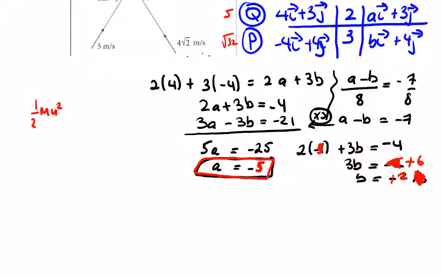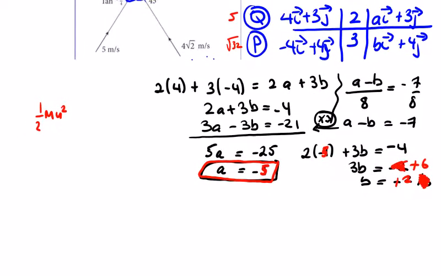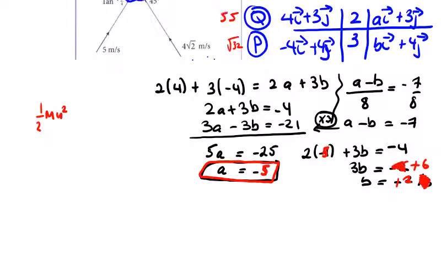Then ai plus 3j is going to become, let's put them in again, minus 5 and a 3, square root of 25 plus 9, root 34, and then bi plus 4j is a 2 and a 4, square root of 4 and 16, root 20, for my velocities.